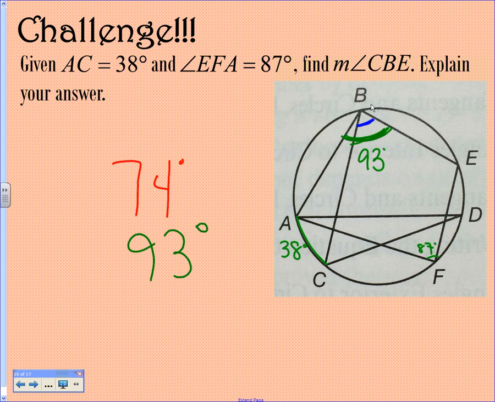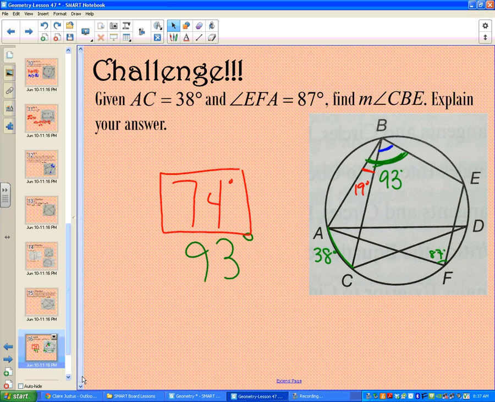So what is this part right here? Why is it 19? It's half of 38. So 19 from 93 is 74. Yep. Yeah, that happens.